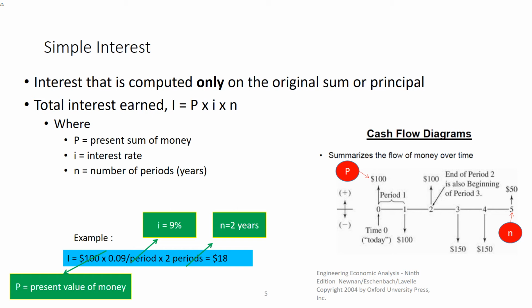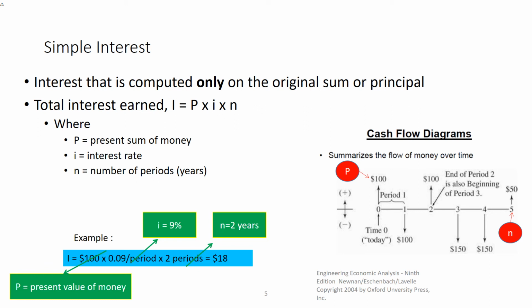Let's see the example. If we have 100 ringgit as our present sum of money today, and we save our money in a financial institution at 9% per year, for 2 years, or 2 periods of time, then if we multiply 100 ringgit by 9% by 2 years, we can gain 18 ringgit Malaysia on our 100 ringgit.